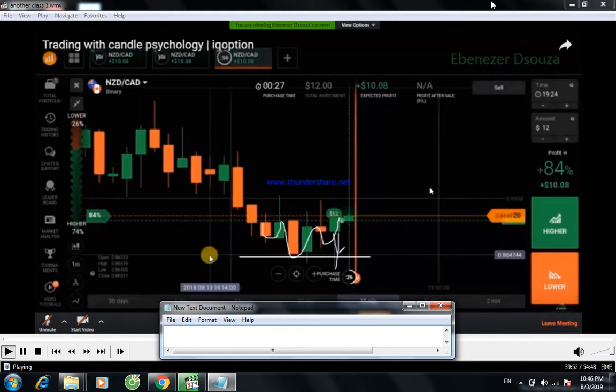The sellers entered, but when the market comes to this level, buyers enter very strongly. You can observe the strong buying pressure at this level. This is a hammer candlestick. So it will also continue the market because this hammer has a strong body and you can see the strong buying pressure.